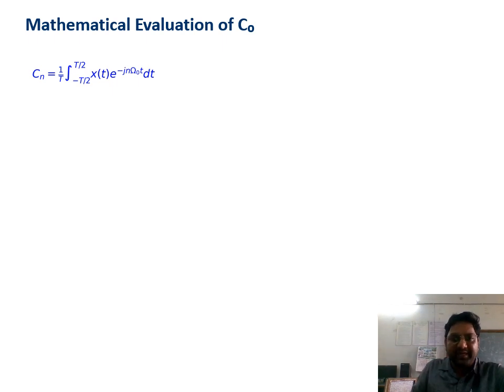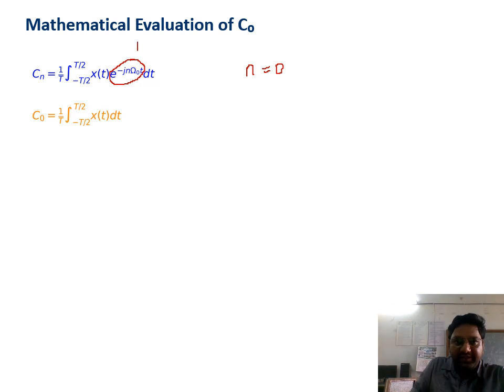Now substituting n equal to 0, we get C naught, and e power 0 becomes 1, and we are left with 1 by T integral from minus T by 2 to plus T by 2 of x of t dt.